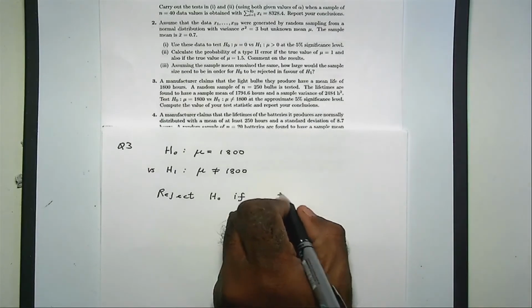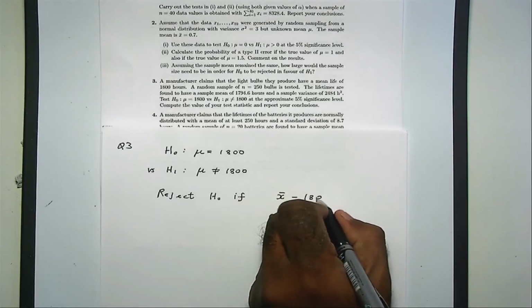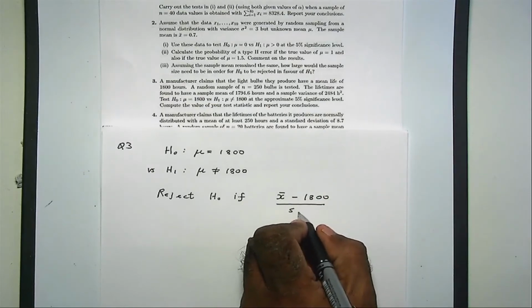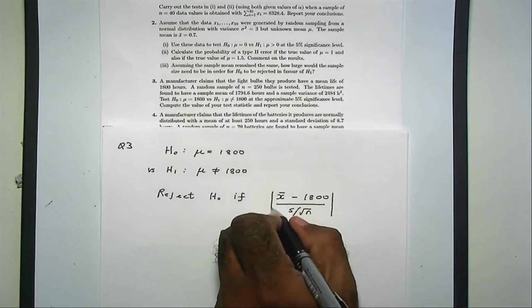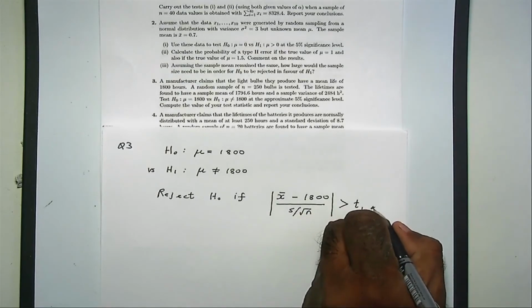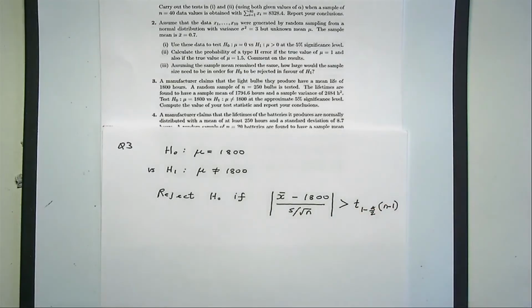It is x bar minus mu0, which in this case is 1800, divided by s, where s is the sample standard deviation, divided by root n. The absolute value has to be greater than the percentile of a t distribution with n minus 1 degrees of freedom. If you look at the one sample test video, this is the rule when the population standard deviation is unknown, which is the case in question 3.